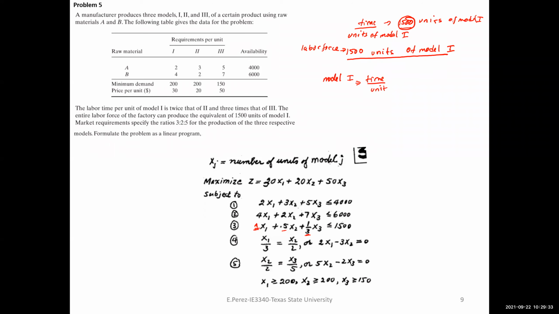In this case, the capacity is defined in terms of model 1. So remember, on the right-hand side of the constraints, what you want to put is your capacity limitation. For that particular part of the model, that capacity limitation is stated in terms of model 1, so that will be your right-hand side. The challenge will be to make the left-hand side consistent with how the right-hand side is stated. Okay, we're good.